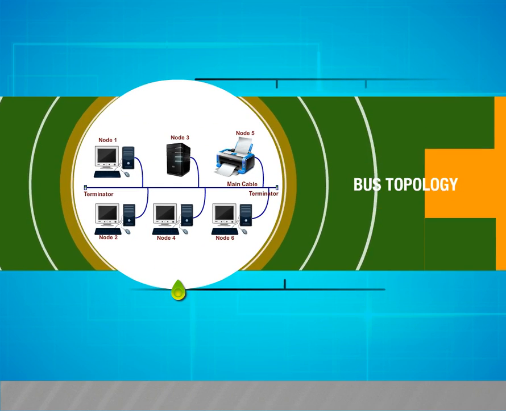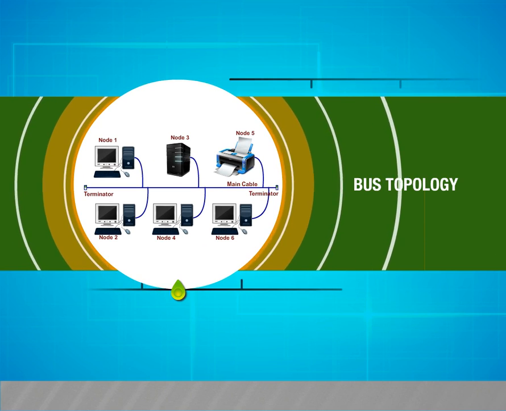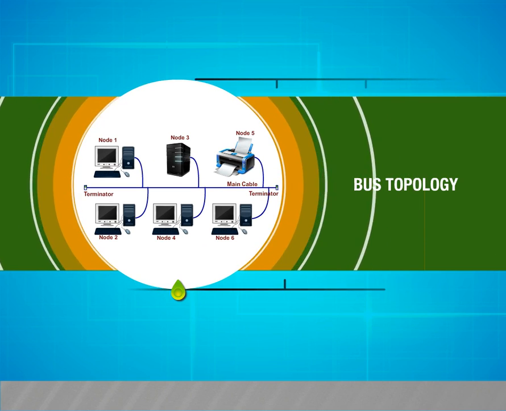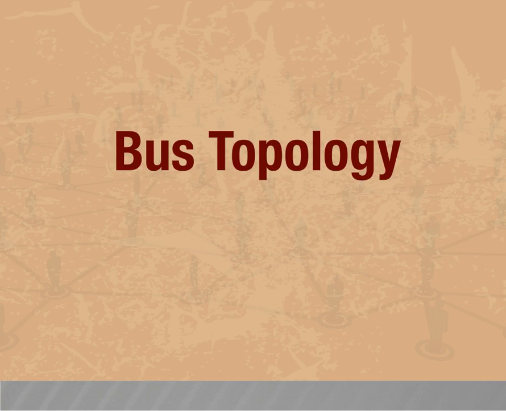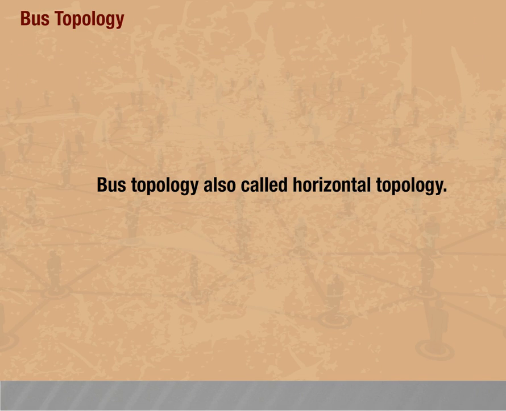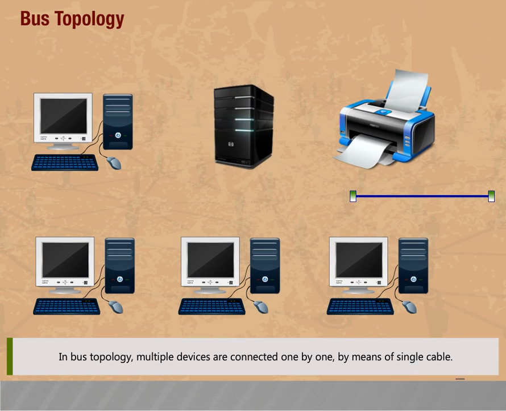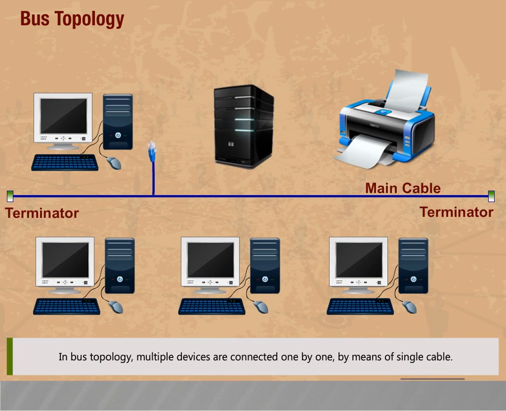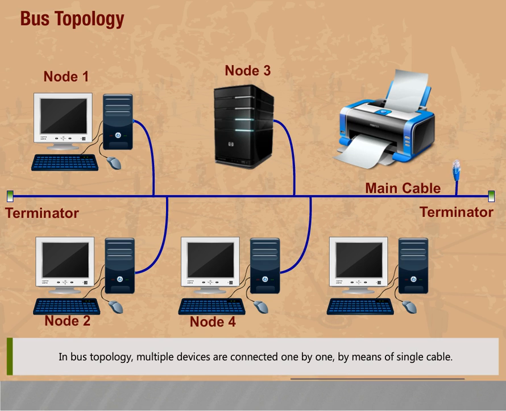Bus topology. In this video, we are going to learn about bus topology. Bus topology, also called horizontal topology. In bus topology, multiple devices are connected one by one by means of a single cable.